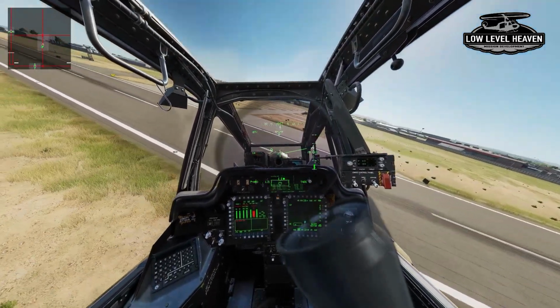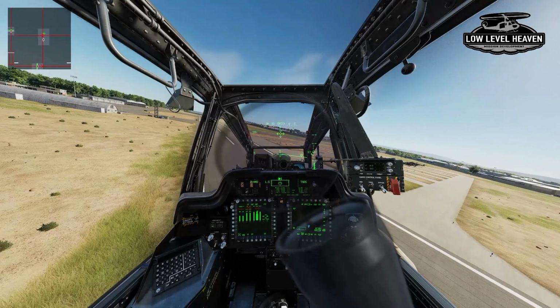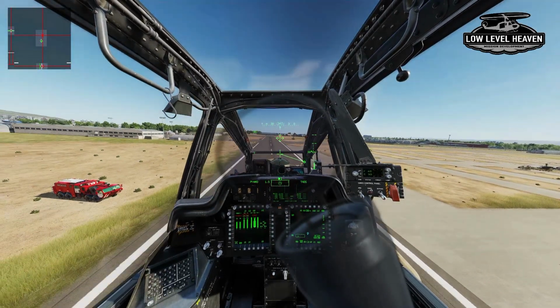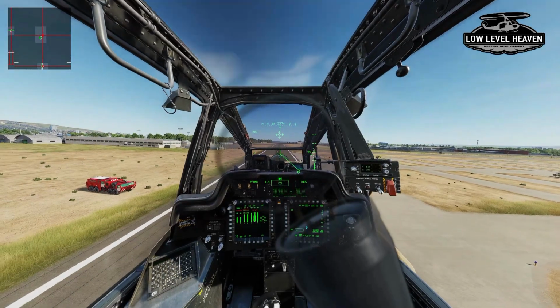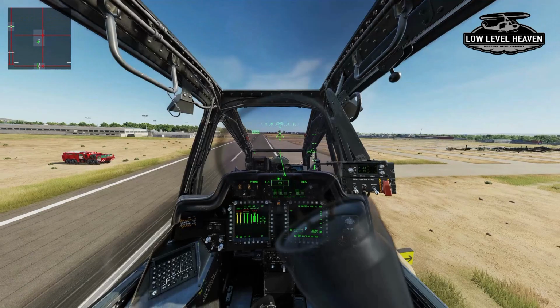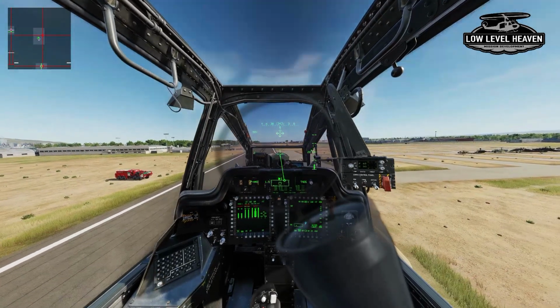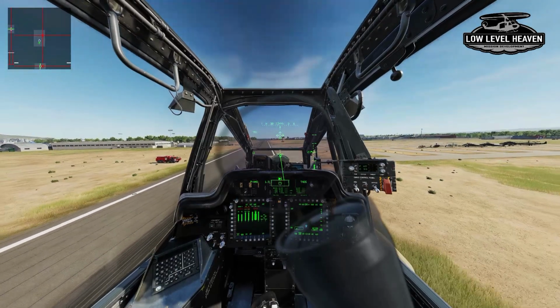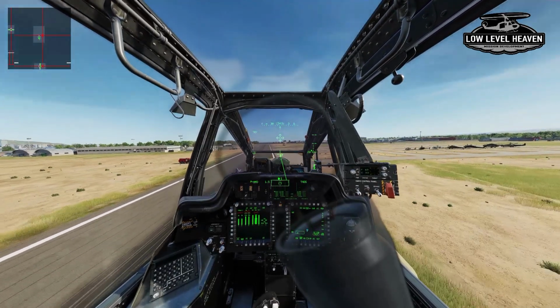Rotor RPM low. So there may still be the low rotor RPM, but before the update, this would lead into a crash, for sure. That's the reason why I did not fly the Apache that much before the update. I crashed a lot of times because I used to fly light agile helicopters.